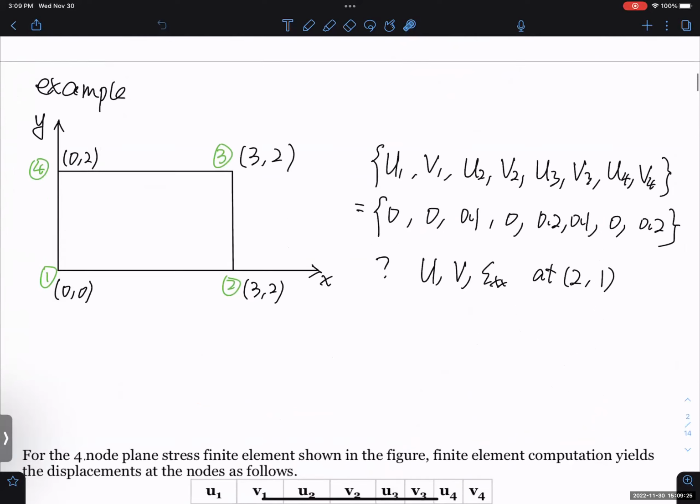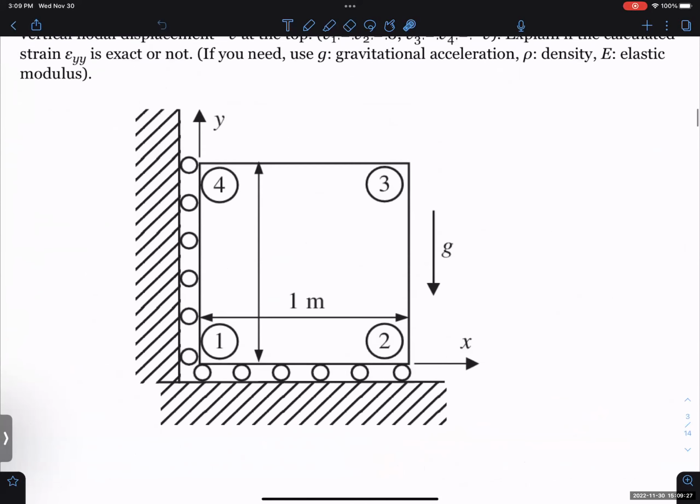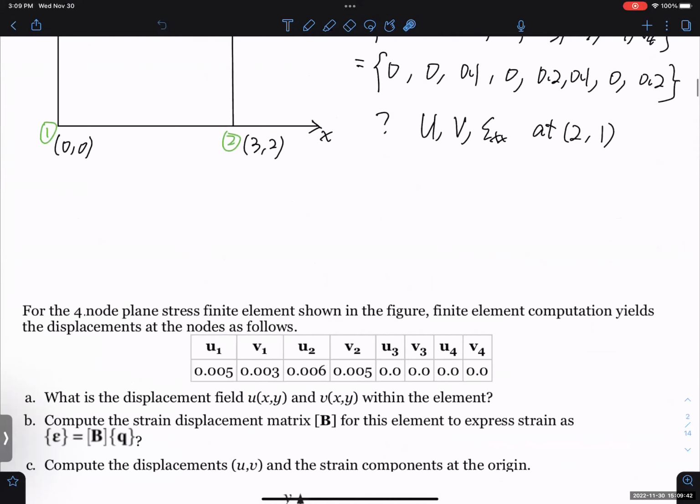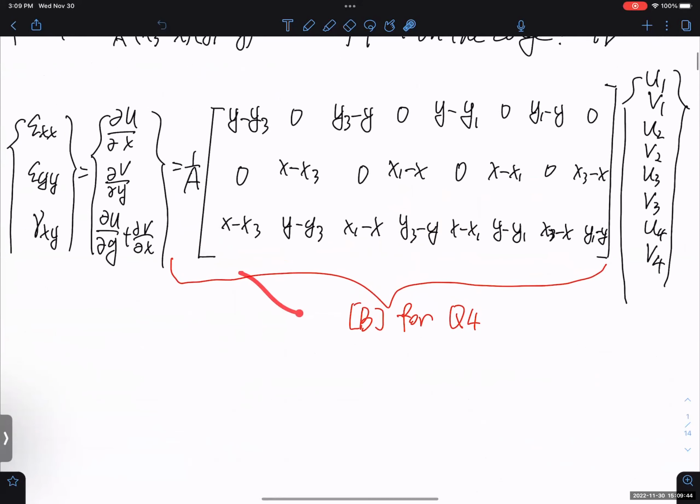And I think one of our homework problems needs this. If we model with the four-node rectangle element, can it give you an accurate result or not? That's why I emphasize it's very important to understand the capability of the element type through this B matrix.